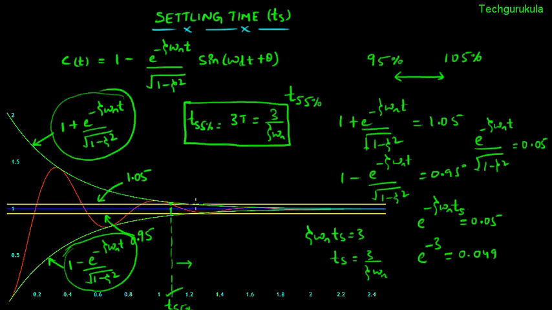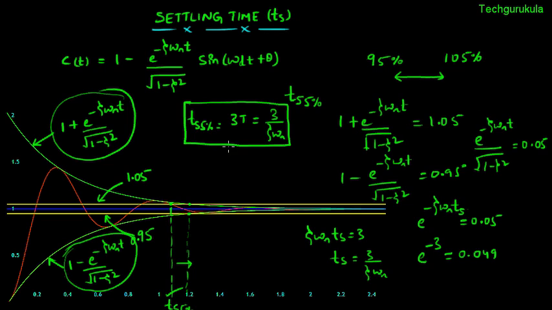If you see the envelope curves, these envelopes have intersected with the 1.05, the upper bound, and the lower bound with 0.95 at a different time. So the time that we are getting from this formula is not exactly equal to the real 5% settling time. But still, for practical purposes, when we do computations, this is a decent formula to use to find the 5% settling time.